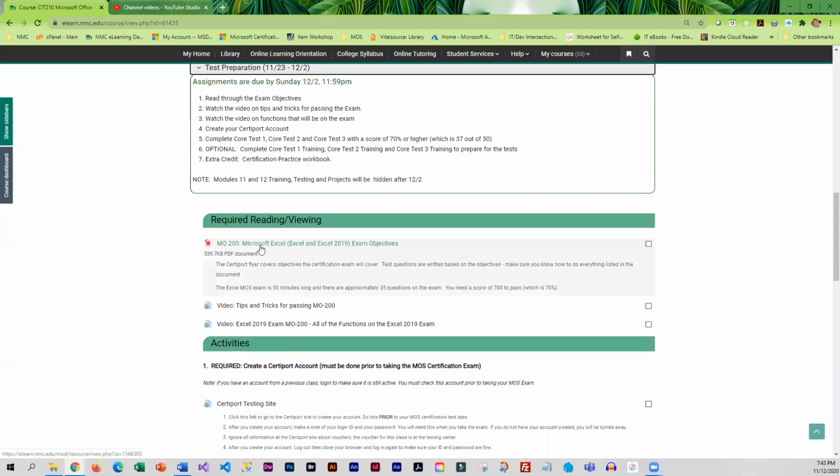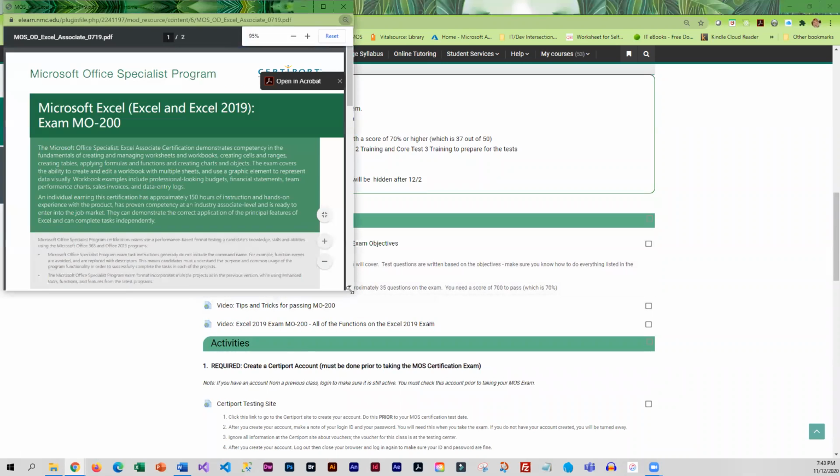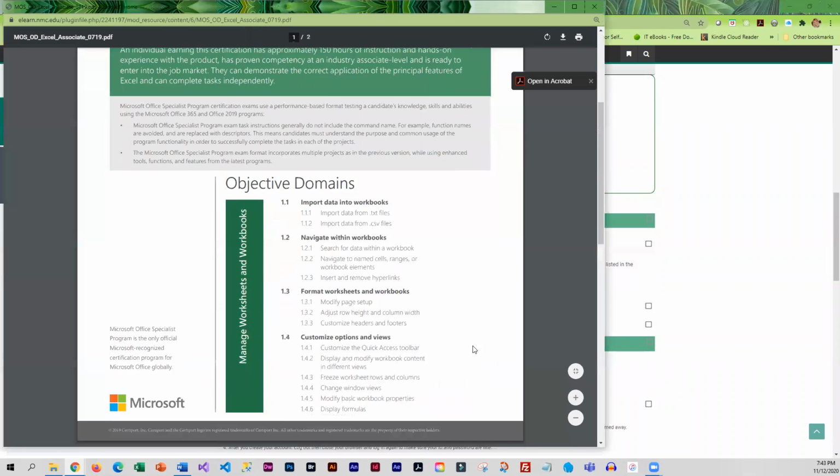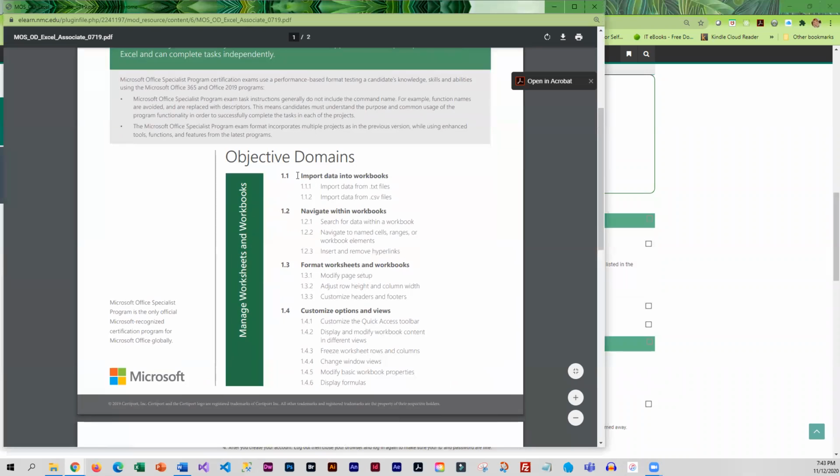And so the objectives are here. And reviewing the objectives is really important because when people write exam questions, they are given objectives and sub-objectives. And it's those sub-objectives that the exam questions are written on.